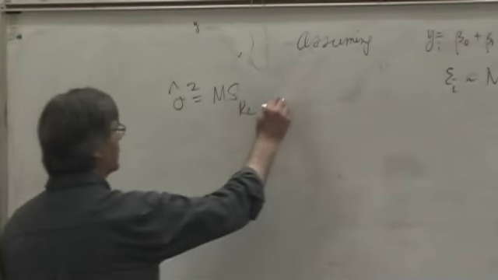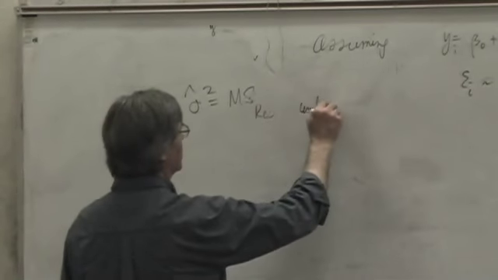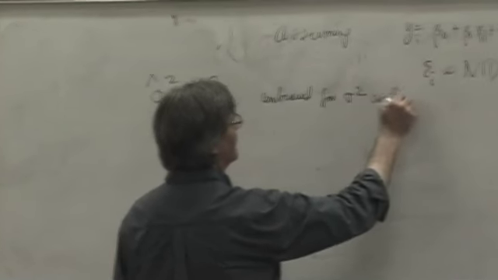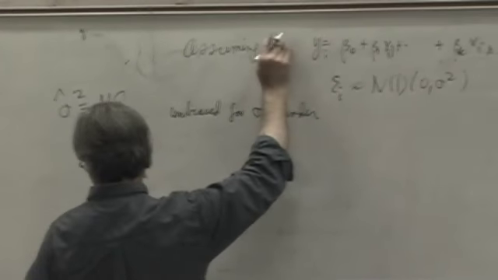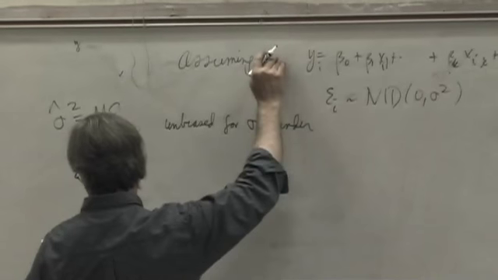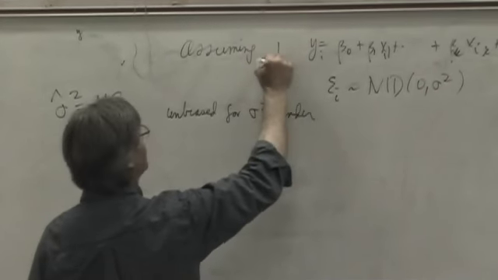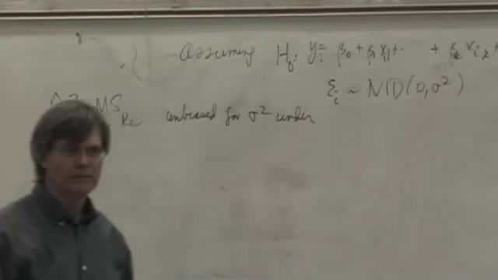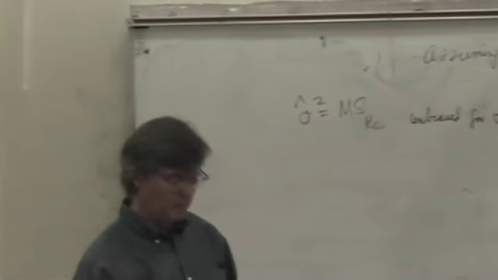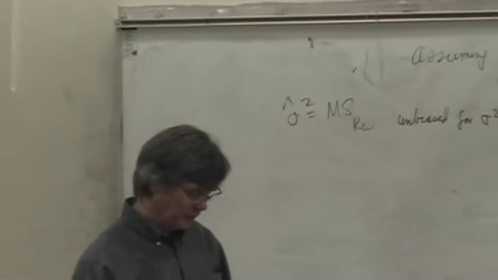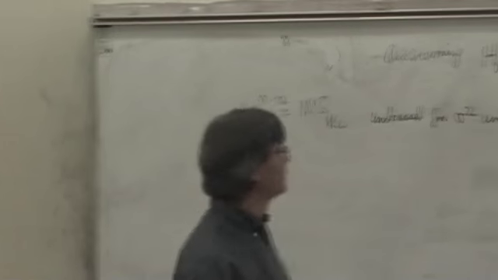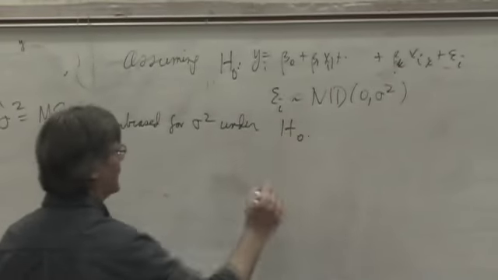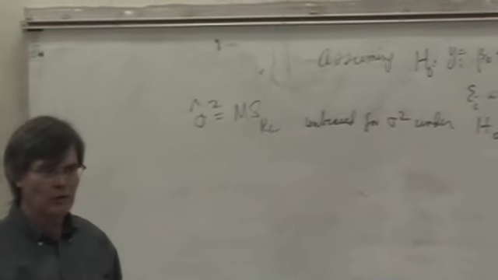So this is unbiased for sigma squared under these assumptions. Let's call this H naught, where there's a specific linear regression function. But what if H naught really doesn't hold?